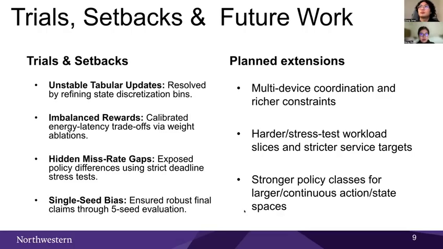To fix this, we calibrated the energy-latency trade-offs through weight ablation studies. Third, there were hidden miss-rate gaps. We successfully exposed these underlying policy differences by applying strict deadline stress tests. Finally, to avoid any single seed bias, we ensured all our final claims were robust by running a comprehensive 5-seed evaluation.